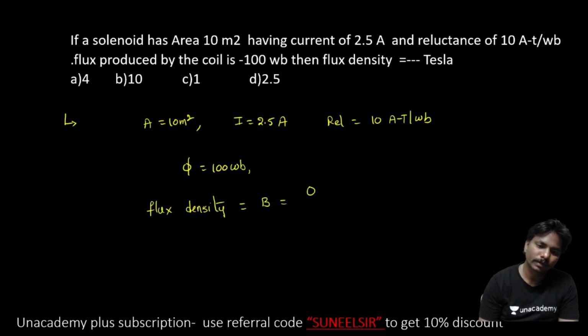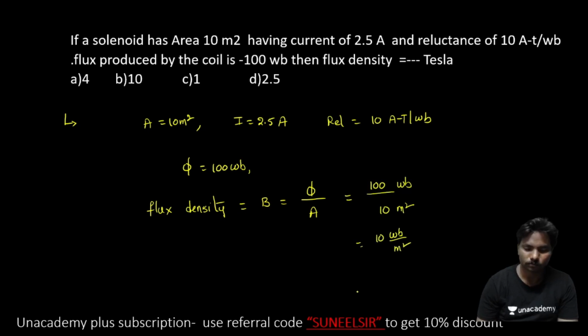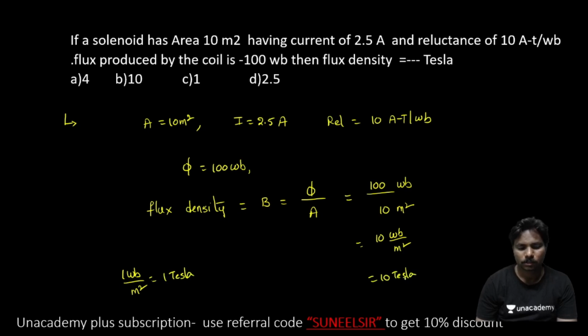Flux density is nothing but flux per unit area. Flux is given as 100 Weber and area is given as 10 meters square. So you get 10 Weber per meter square, and we know 1 Weber per meter square is equal to 1 Tesla. So 10 Tesla. The answer is option B.